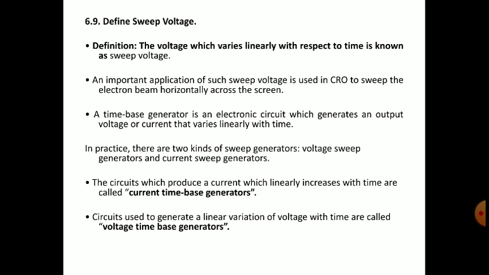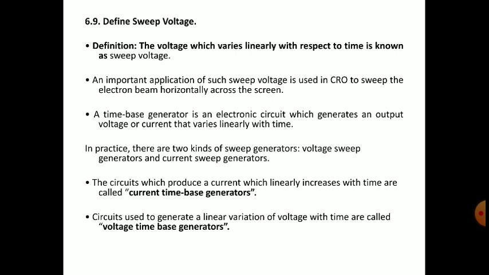Sweep voltage: the voltage which varies linearly with respect to time is known as sweep voltage. See, in the case of a sinusoidal wave, the voltage does not vary linearly, right? It is like an inverted parabola up to the peak of the positive, then again a reverse of the inverted parabola shape.